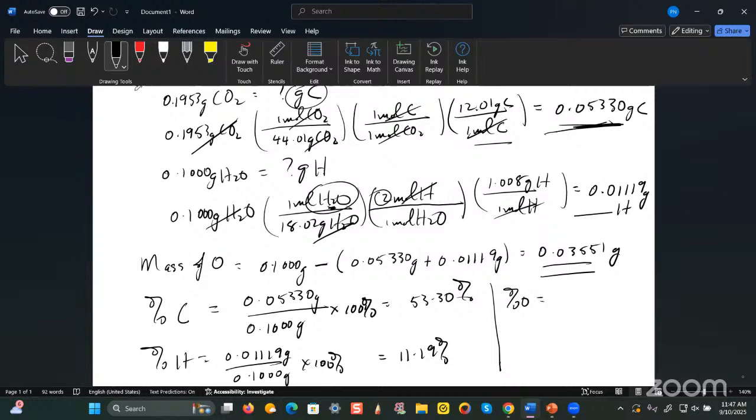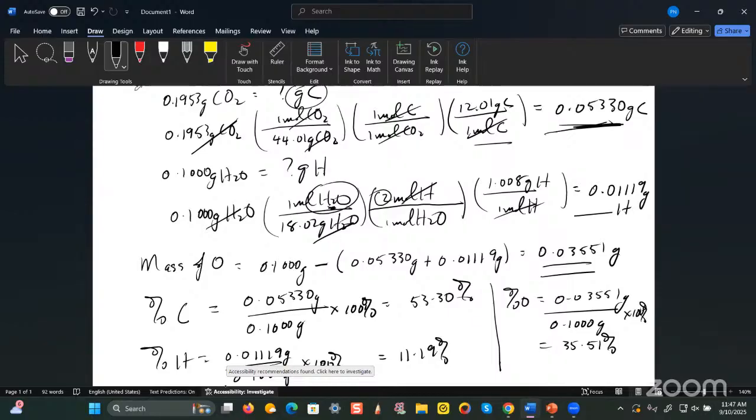That would be equal to the mass of the oxygen, which is 0.03551 grams divided by 0.1000 grams times 100%. And that gives 35.51%.